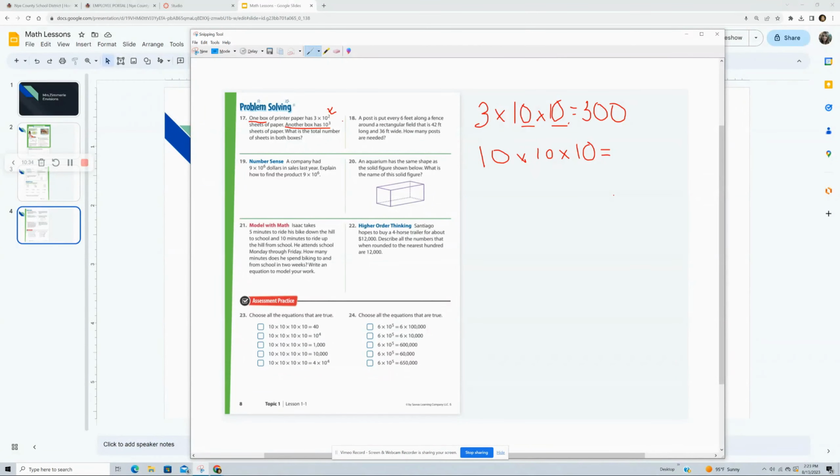And our exponent is going to match our zeros, which means we need 3 zeros. It's just a little trick. Okay, we move our comma over. Are we done? No, because we need to know the total number of sheets in both boxes together. So you're going to add these two numbers together.